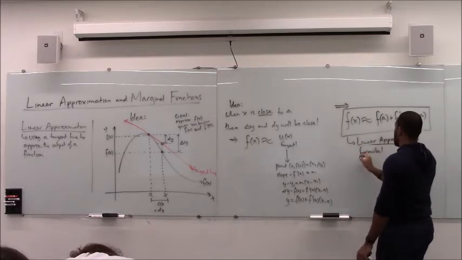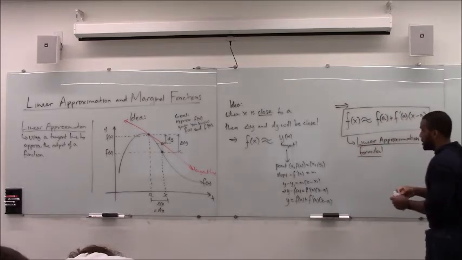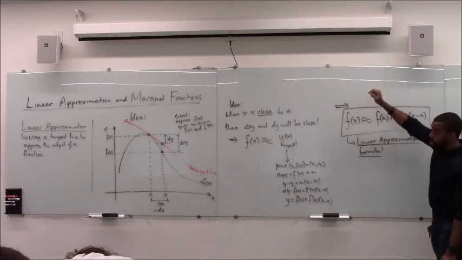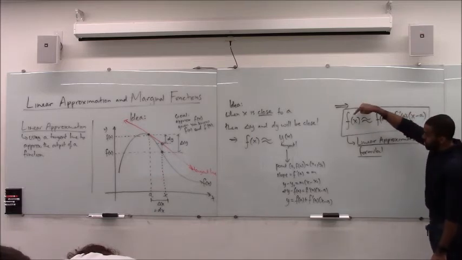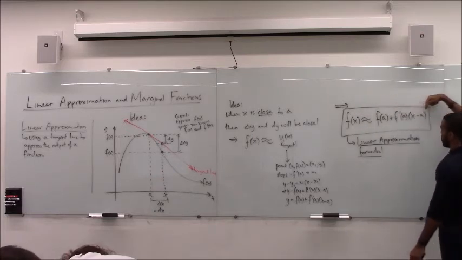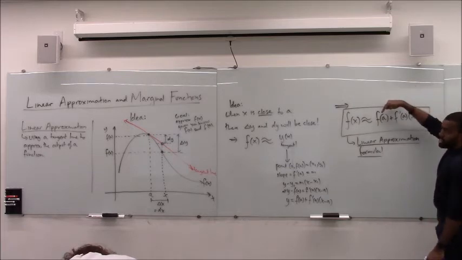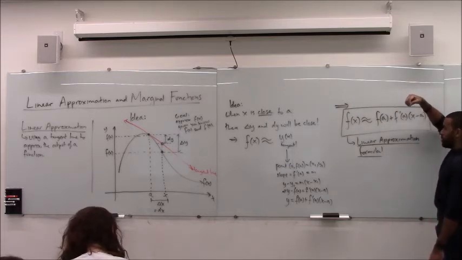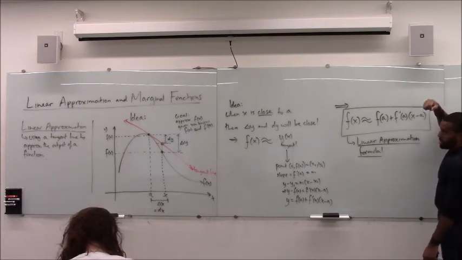So what I want you to notice is that this tells me approximately what my f of x is equal to. My f of x is approximated by this quantity. Now my f of a is a known value, my f prime of a is a known value, and this is just a difference between the x and the a.